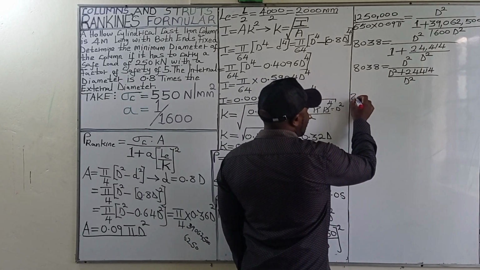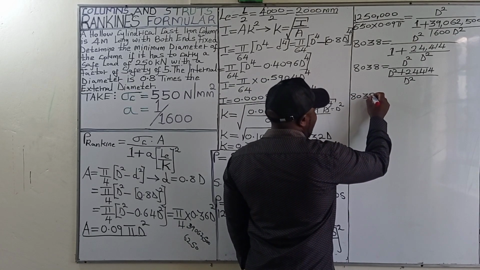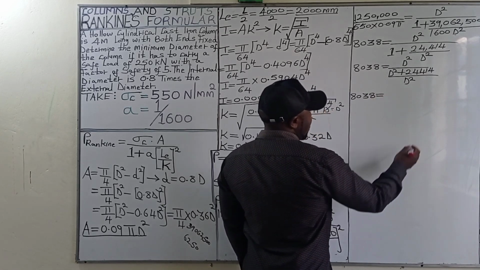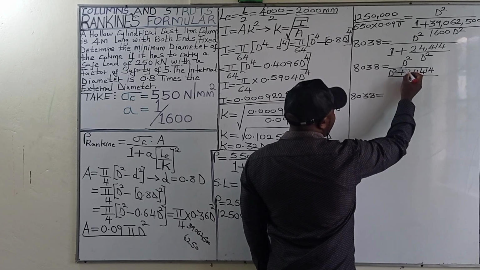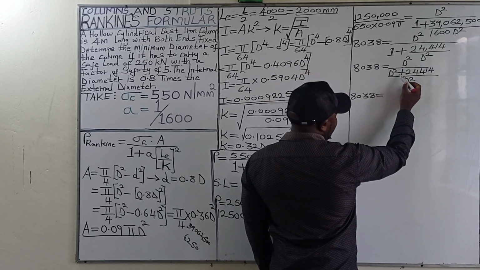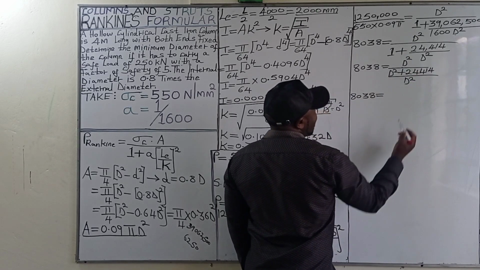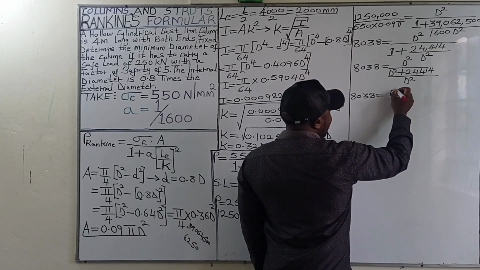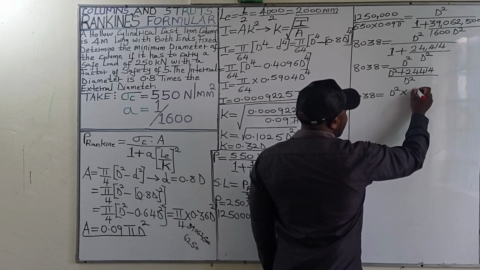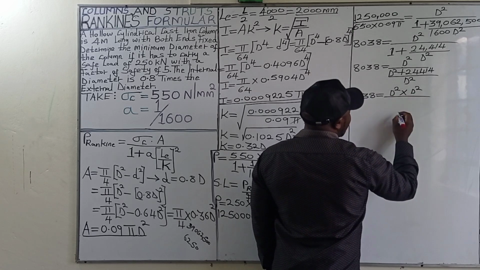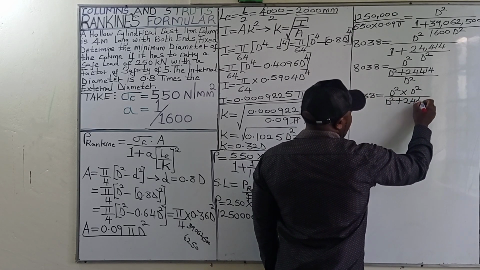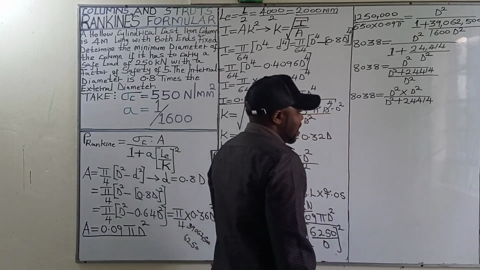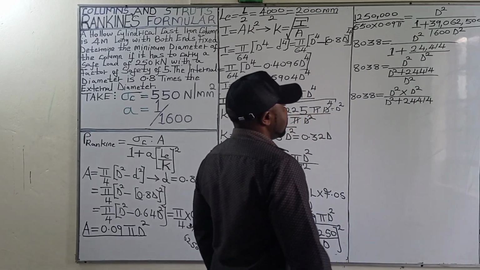This will result to 8038 being equal to d squared divided by this. We are going to multiply d squared by the reciprocal of d squared plus 24,414 over d squared, and that's going to be d squared times d squared all over d squared plus 24,414. That is what we are going to have.